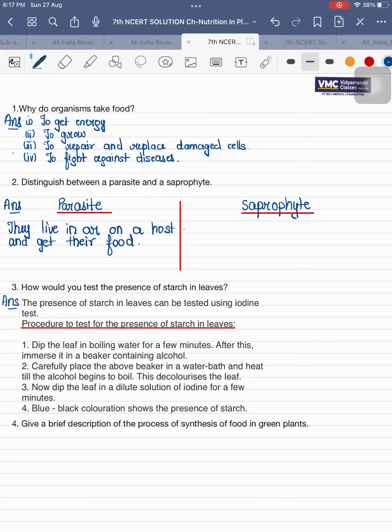Next one, in saprophyte, they derive their nutrients from dead and decaying matter.